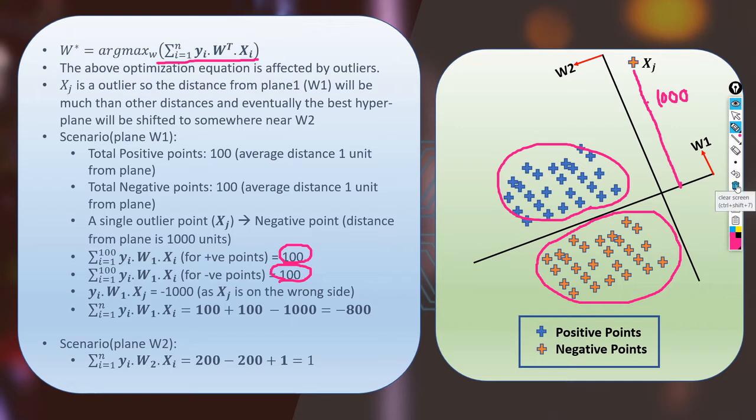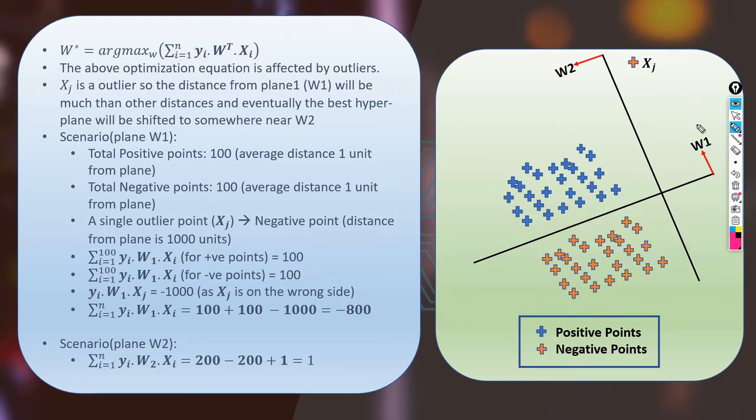Now the real fun is happening. This xj is an outlier point. From this plane, the distance is 1,000 units, and it is also on the wrong side. Basically, this is a negative point, and it should be on this side of the w1 plane, but it is on the same side as the positives, so it will misclassify this negative point as a positive point.